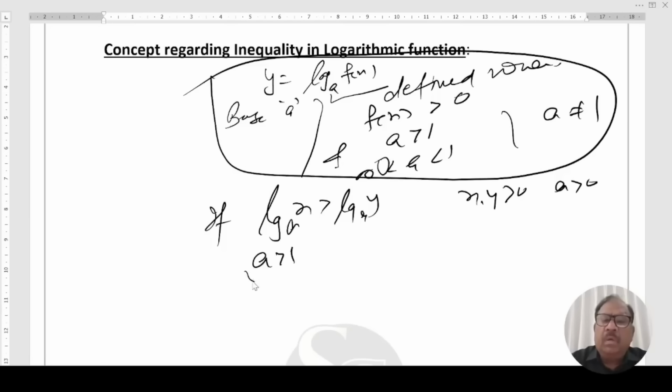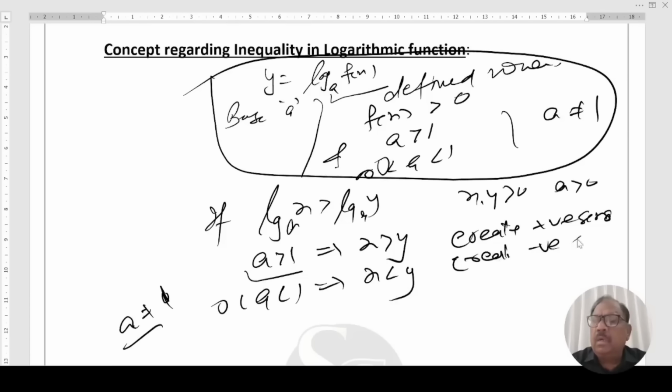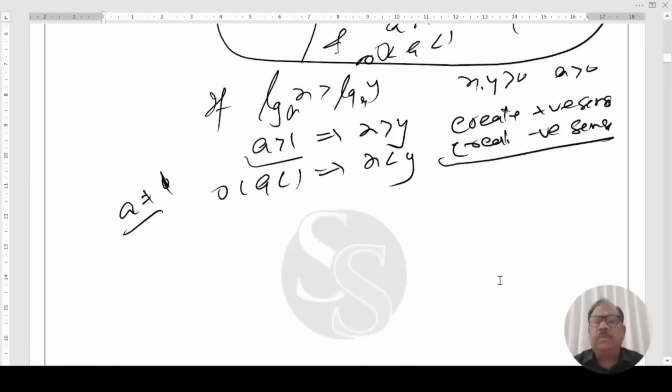If a is greater than 1, then x will be greater than y, it keeps the sign. If a is less than 1, greater than 0, a cannot be 1, then the inequality sign will change. It means the inequality will change.